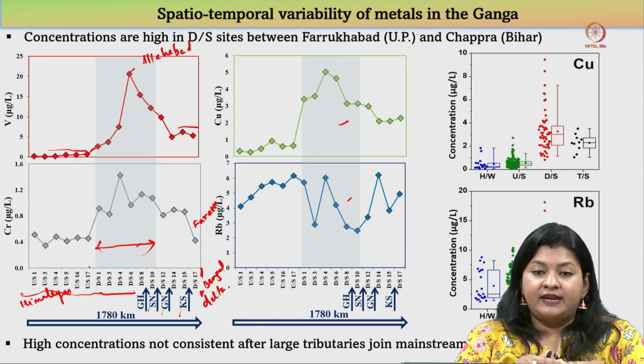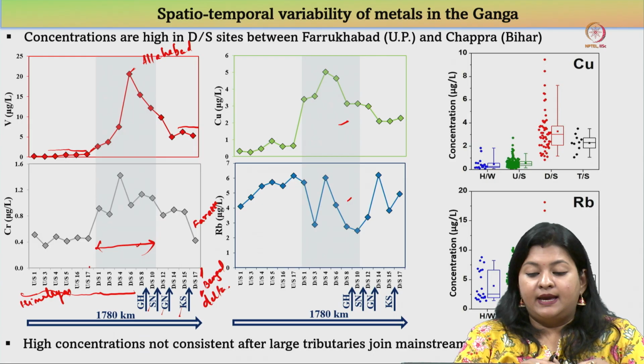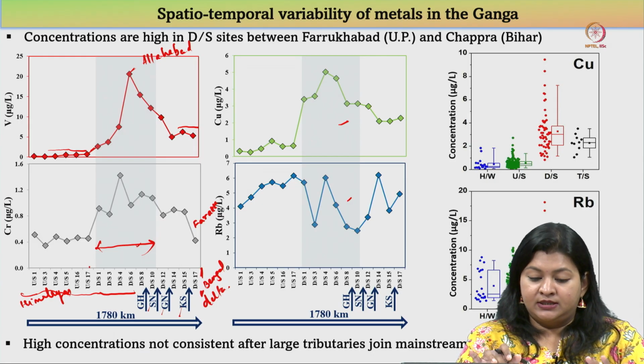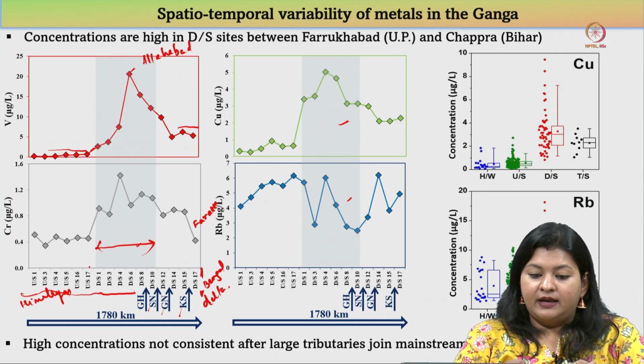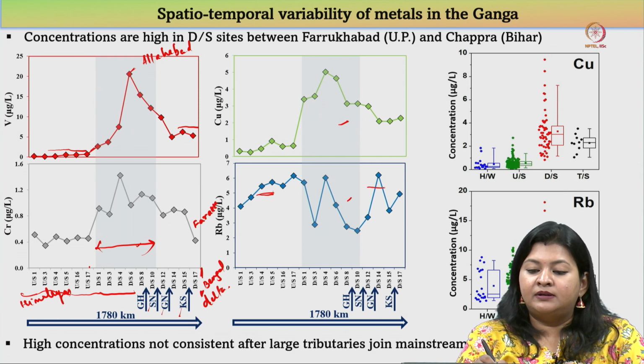Rubidium is very soluble, very mobile, and has a very high concentration even in the continental crust. And as you can see here, even in the Himalayan regions its composition is very high, and it is completely comparable to the downstream locations. In fact, in the downstream locations, rubidium's average composition goes down.